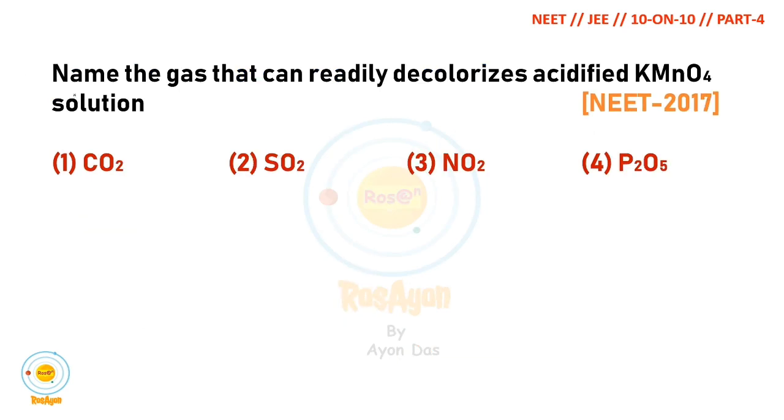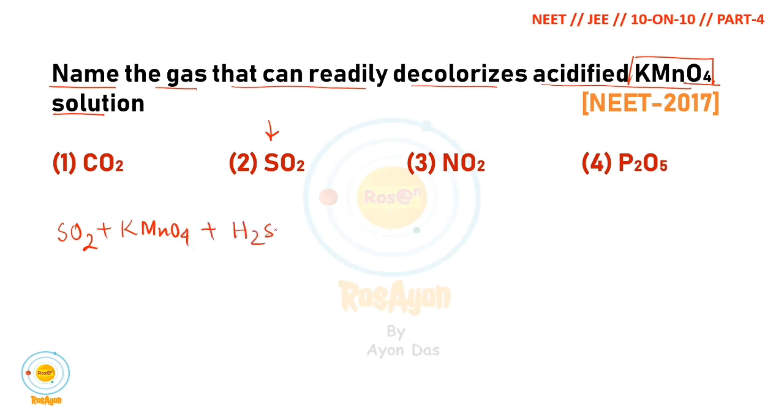Okay, now see the next problem. Name the gas that can readily decolorize acidified KMnO4 solution. Here the color of KMnO4 solution is violet or purple. Now when KMnO4 reacts with sulfur dioxide gas, SO2 reacts with KMnO4 in presence of acid.